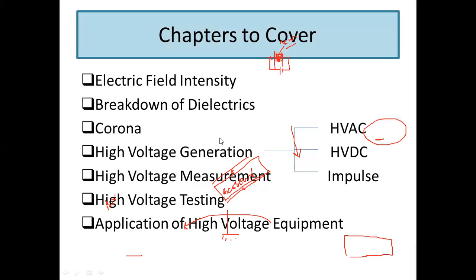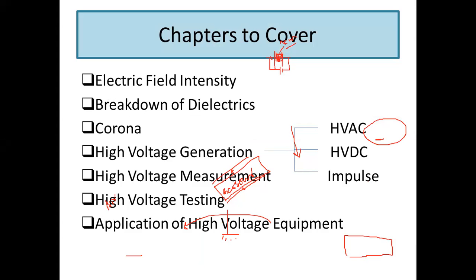These are the chapters which we have to cover throughout this subject. The next chapter will be electric field intensity, then the breakdown of dielectrics. We will discuss the breakdown of dielectrics for liquids in a separate chapter, and we have separate chapters for the breakdown of solid dielectrics and of gaseous dielectrics.